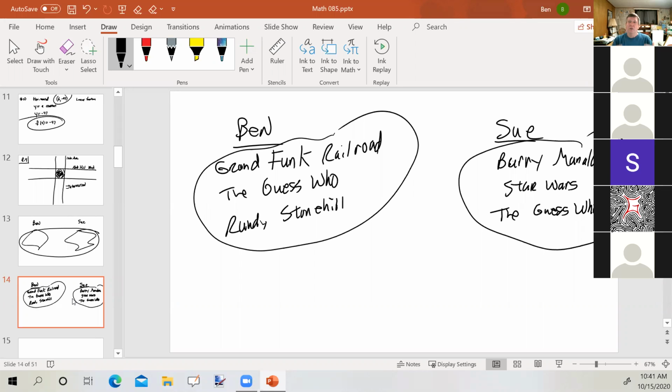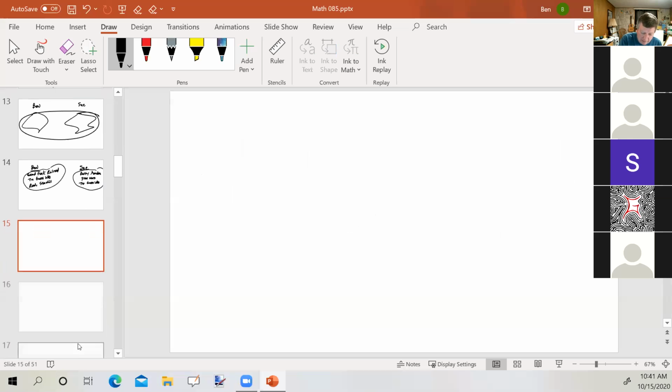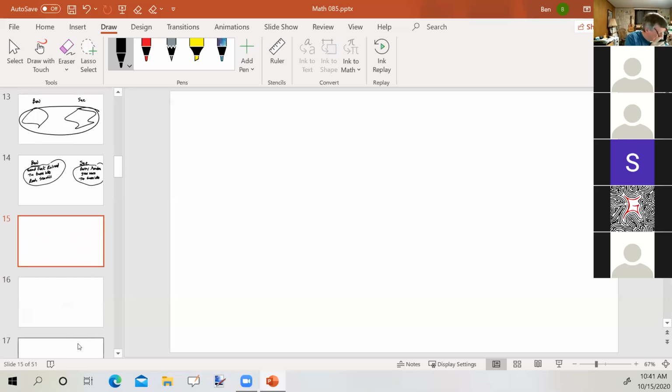Now, what's in the union of our record collection? Grand Funk Railroad, the Guess Who, Randy Stonehill, Barry Manilow, Star Wars. I don't need to mention the Guess Who twice in the union. So the union is all of it together. The intersection is what it has in common. Let's take that into a more mathematical scenario.